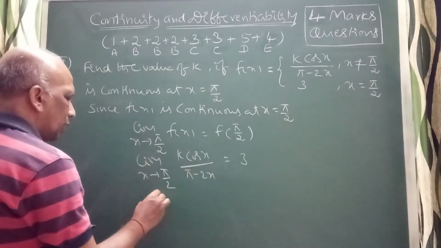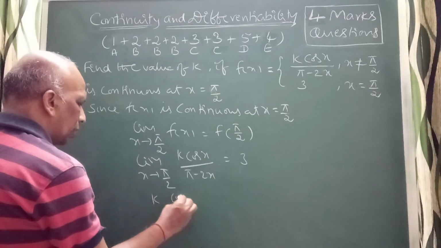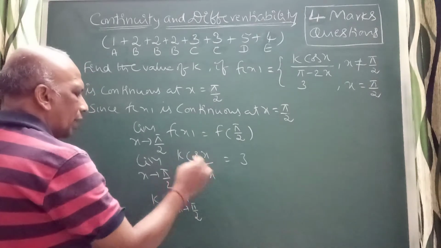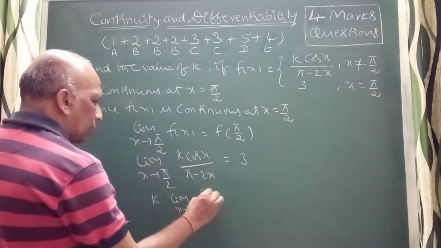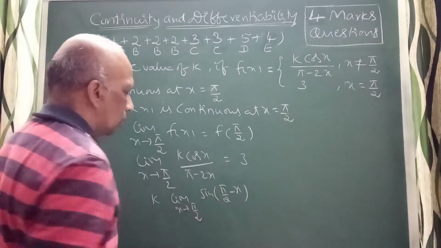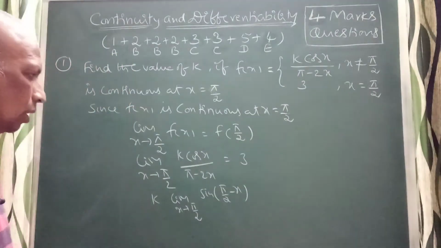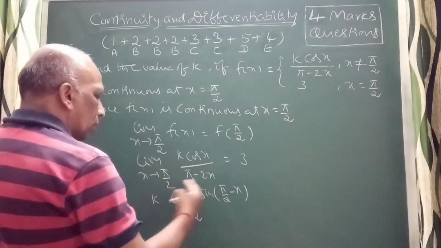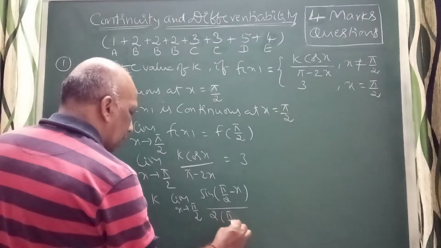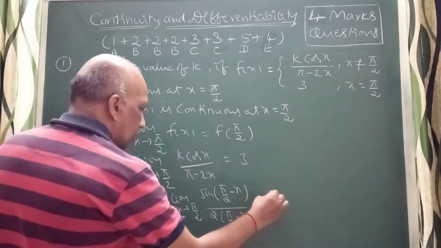I can take k into the limit as x tends to pi by 2. Here I can take cos x as sin of 90 minus x, since sin of 90 minus x is cos x. Take 2 common in the denominator, so this becomes 2 into pi by 2 minus x, which is equal to 3.